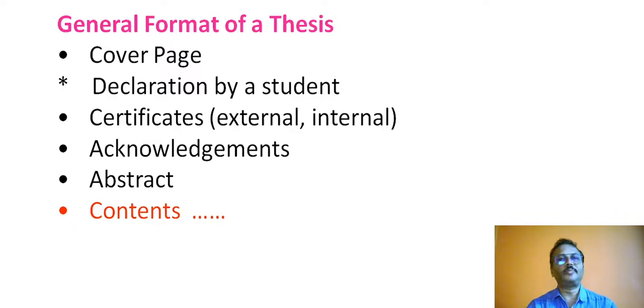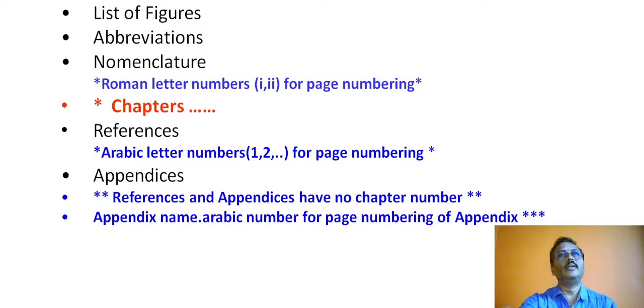Abstract, which gives a glimpse of what you are doing, and then the contents, followed by list of tables, list of figures, abbreviations, nomenclature, etc. Usually up to this point, you will be using Roman numerals.